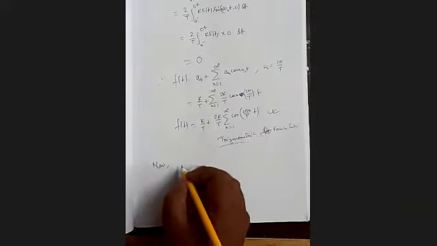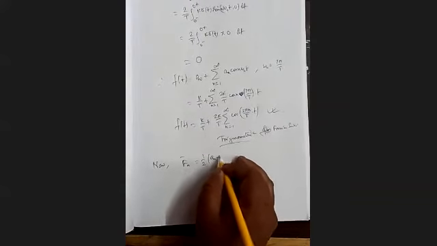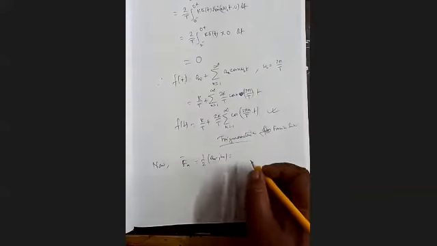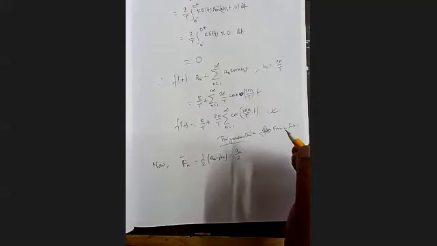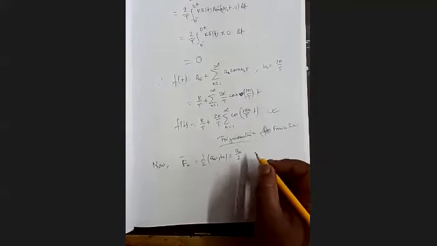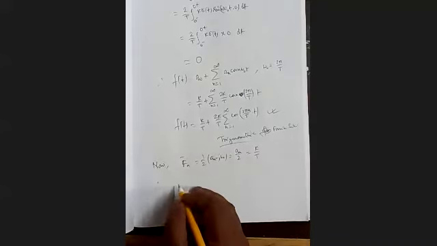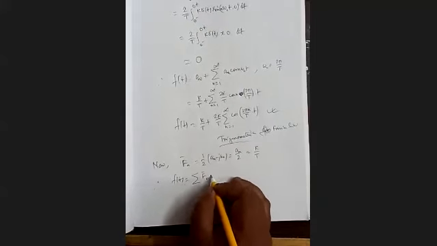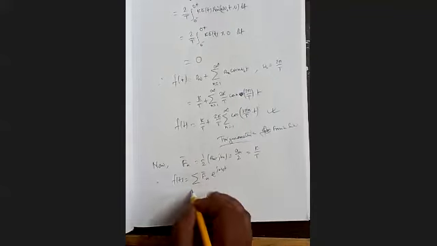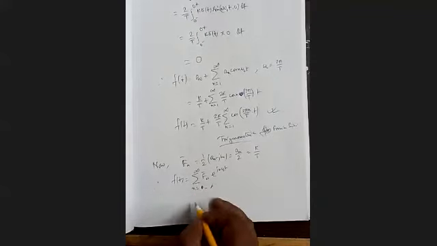Now, if we want to find out the complex form of Fourier series, or exponential form, Fn bar equals half of an minus j bn, or simply it is an by 2. Okay. So an is 2k by T, so it will be simply k by T. Therefore, our f of t, we know, is summation Fn bar e to the power j n omega 0 t, n varying from minus infinity to plus infinity.